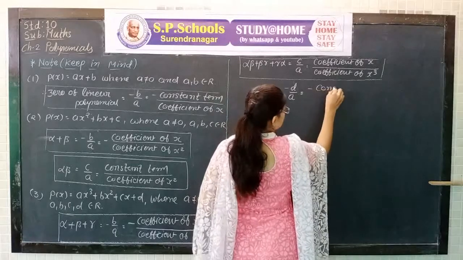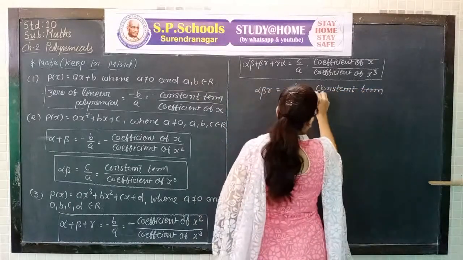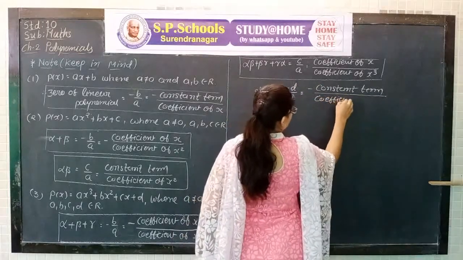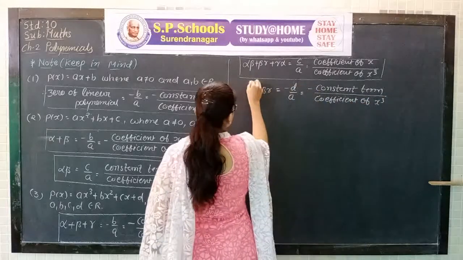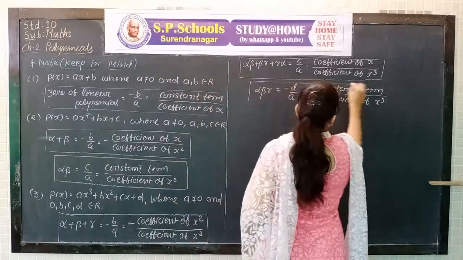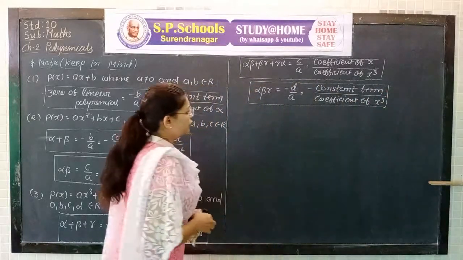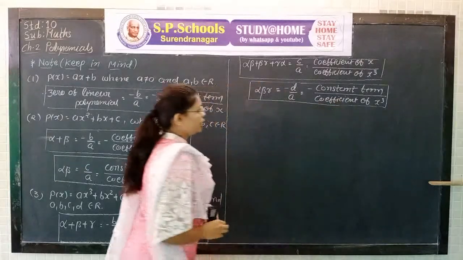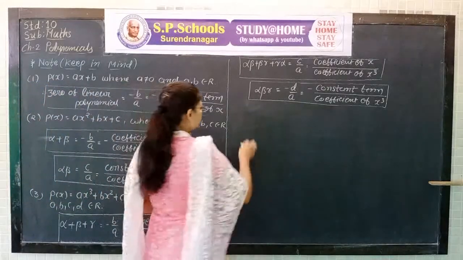Minus constant term upon the coefficient of x cube. It is our third relationship between the zeros and the coefficients in cubic polynomials.